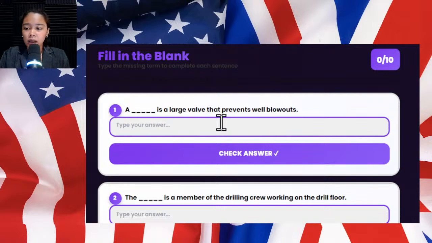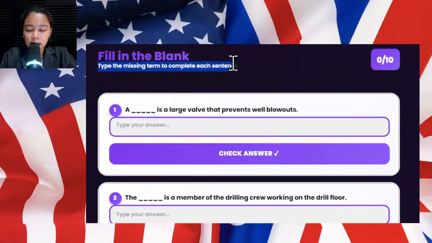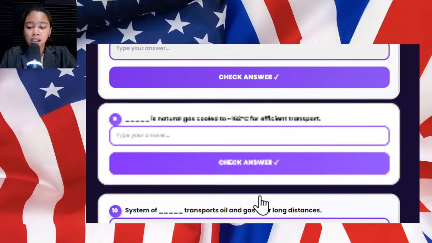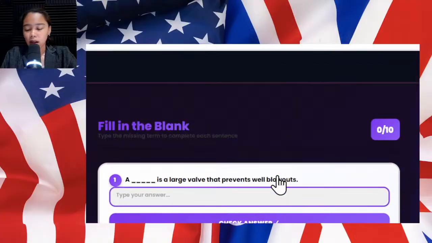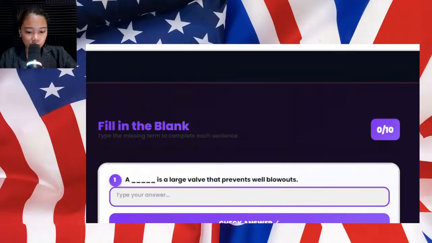All right. Now here again, the first exercise is fill in the blank. Type the missing term to complete each sentence. So we have 10 items in total. In these items, it's just very simple. We type our answer. There are no options actually. We are going to come up with our answer.